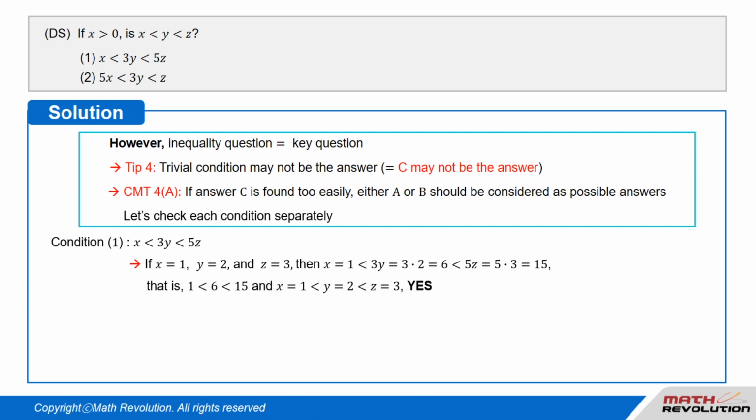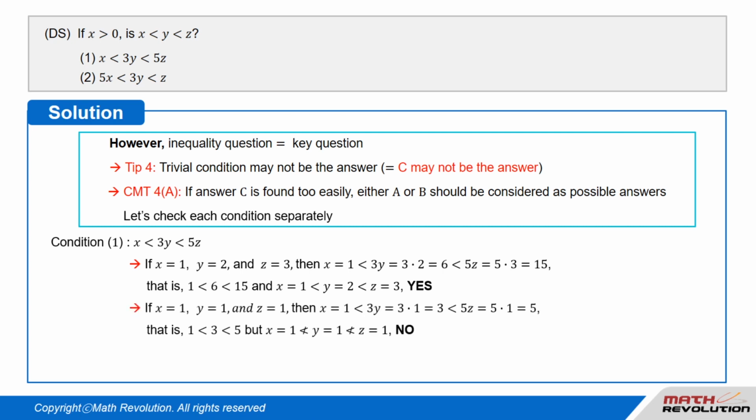That is, 1 is less than 6, which is less than 15, and x equals 1 is less than y equals 2, which is less than z equals 3. Thus, we will get the answer yes for is x less than y, which is less than z, if x is 1, y is 2, and z is 3.